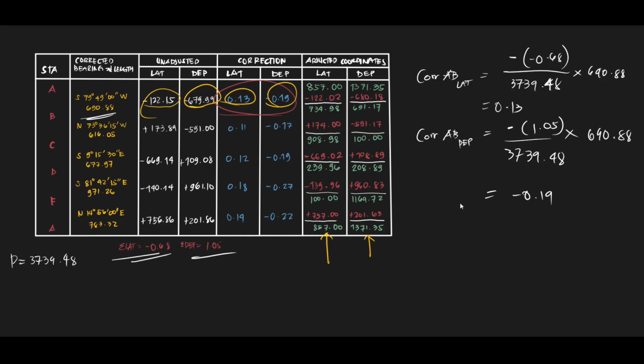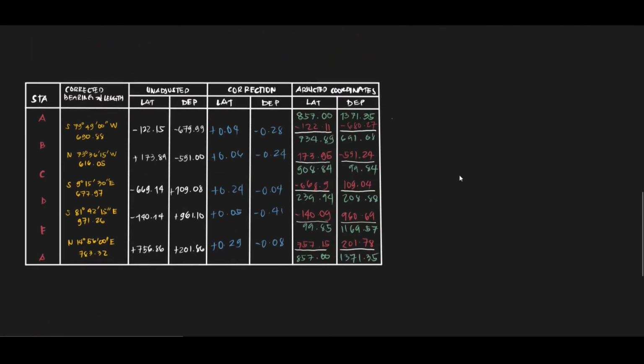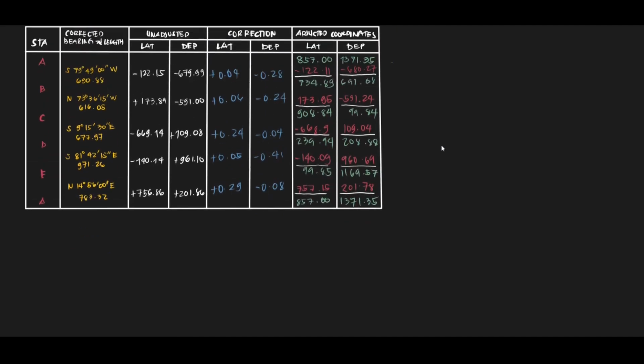So how about if we want to do the transit rule? Okay, so we have the same table right here in the first few columns. They differ in the correction. So before doing the transit rule, you must first add up the unadjusted latitude and departure, taking the magnitudes only. So we will disregard the signs. Let's write it here. Summation of the absolute value of latitude will be 1862.